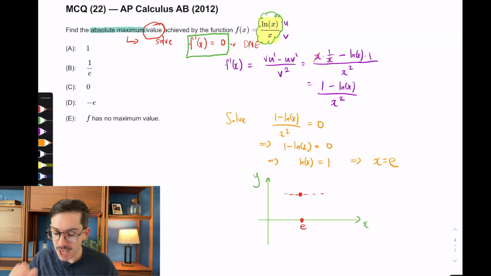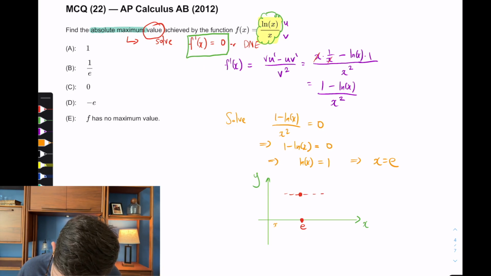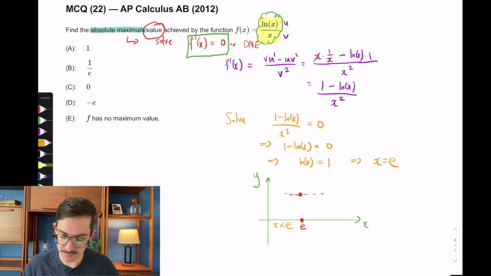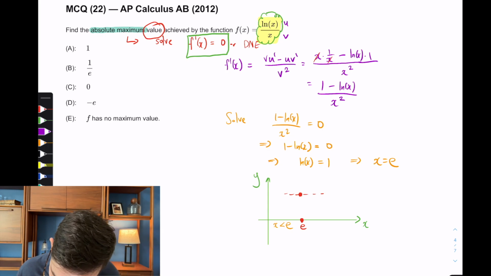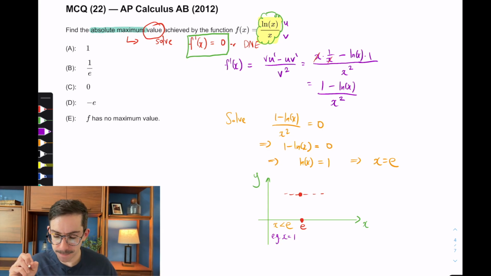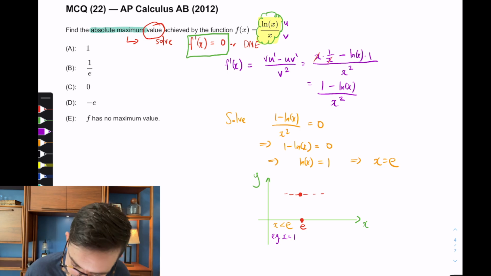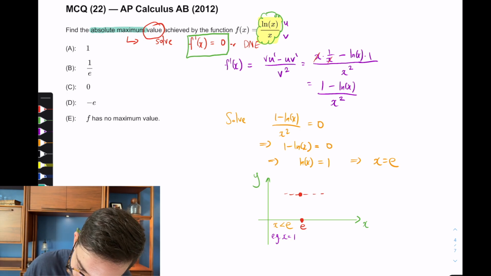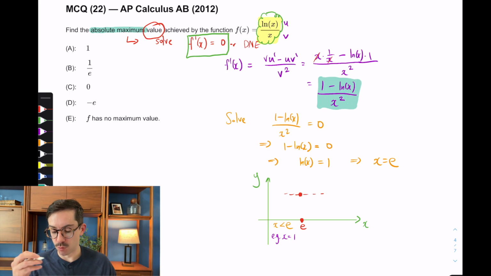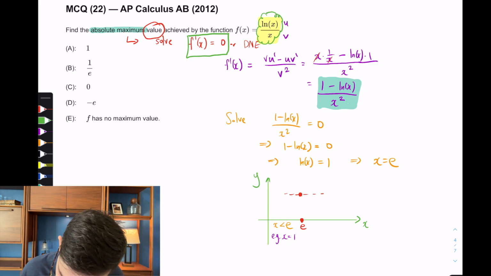Now, if I look at the sign of f prime when x is less than e, for example, x could be 1. In that instance, looking at my rule for f prime, because log of 1 is 0, f prime will be positive.